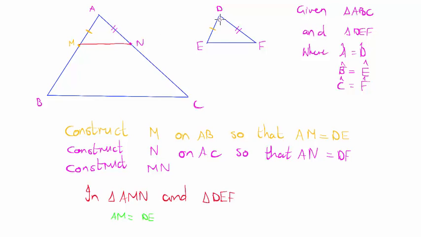AN is equal to DF. Why is it equal? So now we need to give a reason. Why is AM equal to DE?